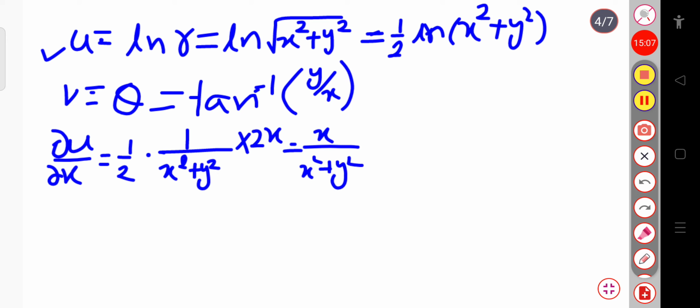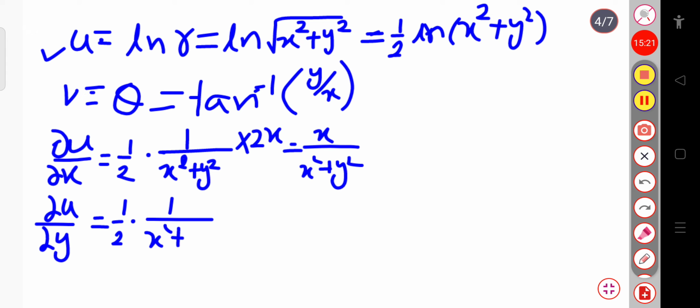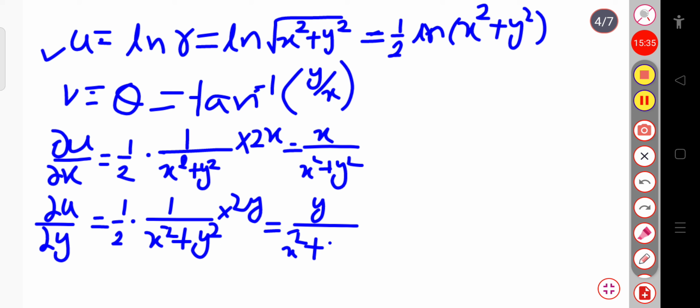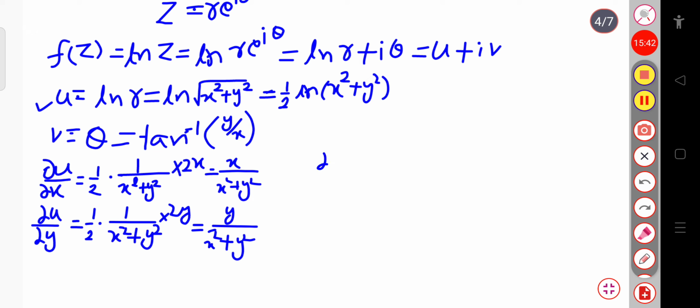Now we will calculate ∂u/∂y. So this ∂u/∂y will be equal to, similarly, 1 by 2 into 1 by (x² + y²) into 2y, which is equal to, the 2 gets cancelled, y divided by x square plus y square. Now we will calculate ∂v/∂x. So ∂v/∂x, you know v equal to tan inverse y by x.